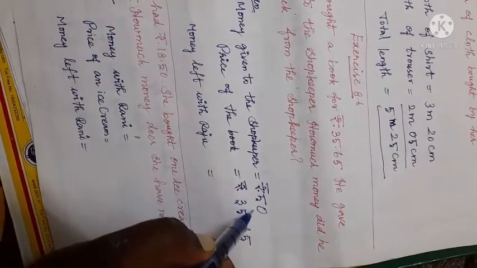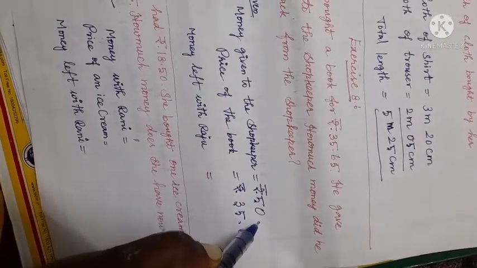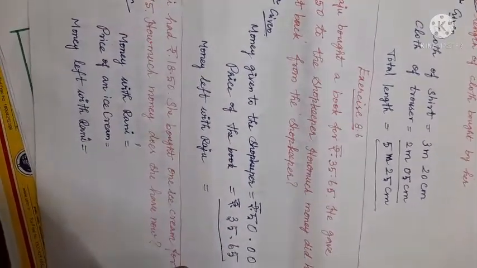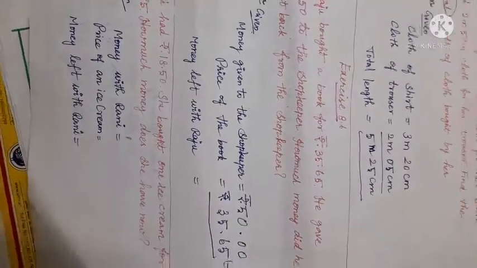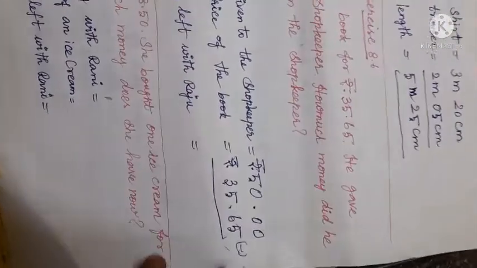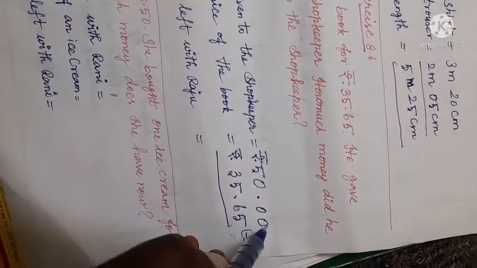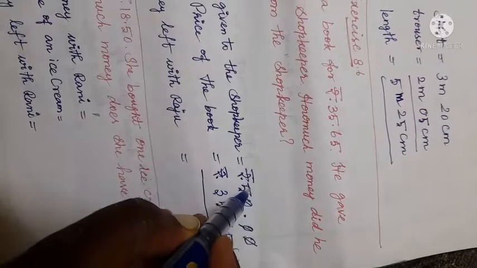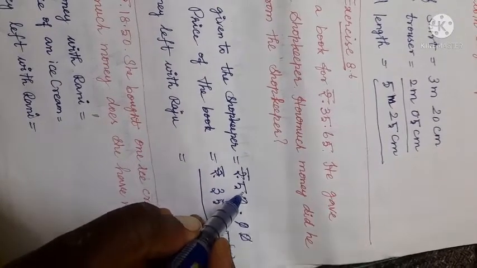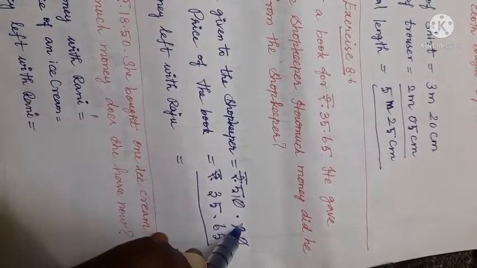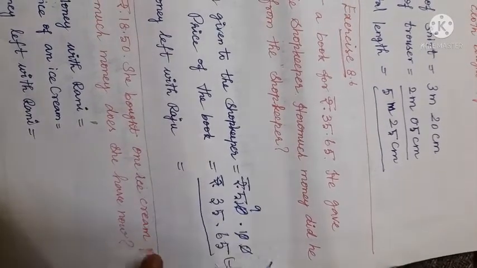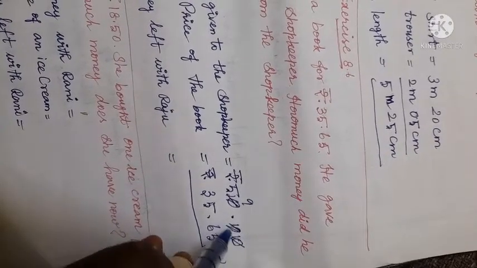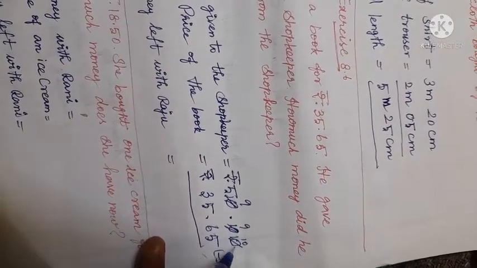See here, 50 is a whole number. Keep a point and add 20. Now do the subtraction. 0 minus 5 not possible, so you need to borrow from 5. 5 is giving 10 here, so this becomes 10 and this becomes 9.